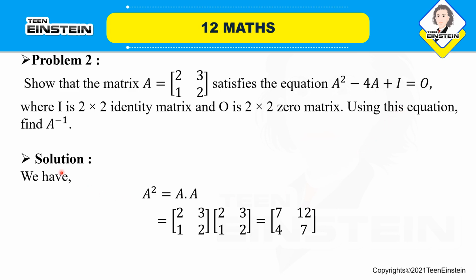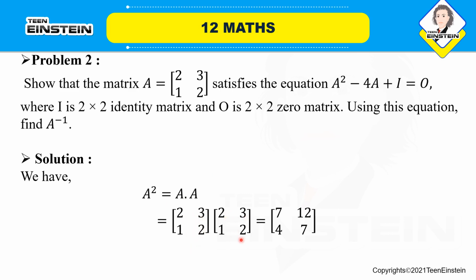Let us discuss the solution. First I am going to verify whether this equation is satisfied or not. So I have to find A square first. A square can be written as A into A. What is A? A is the given matrix, [2 3; 1 2], a square matrix of order 2, right?